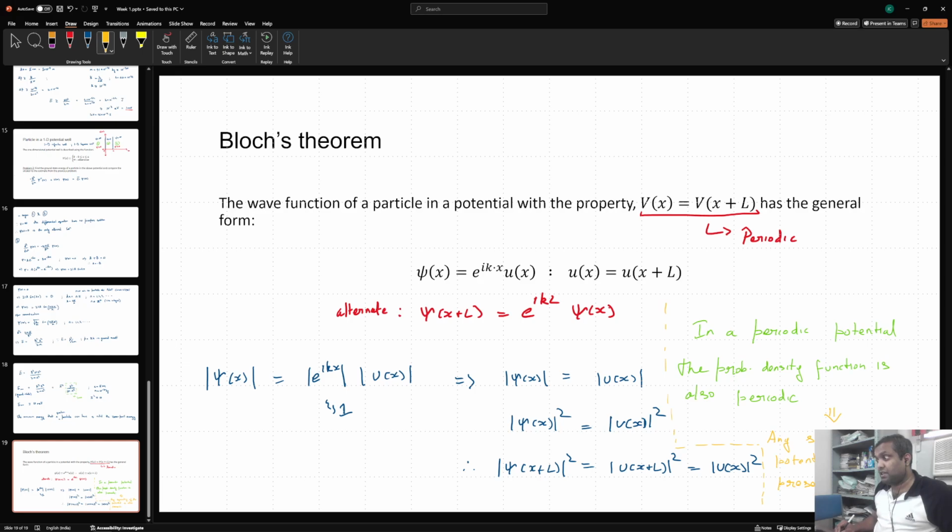Present in the potential. So let me just do something here. Let me say V of x. Also present in mod psi of x squared, mod squared psi of x.